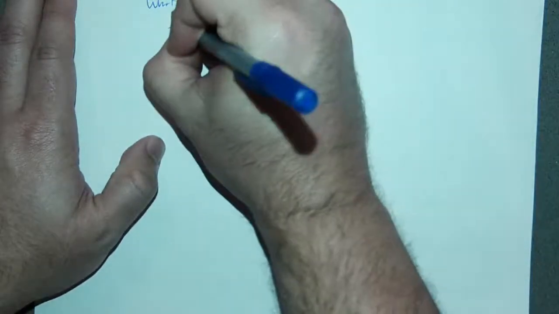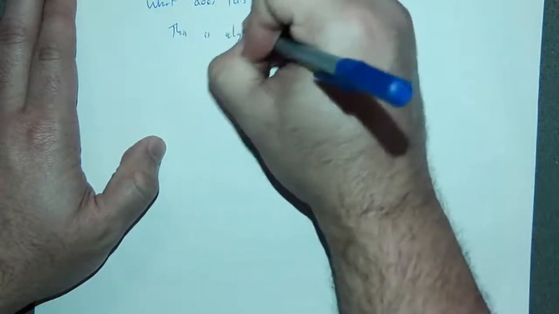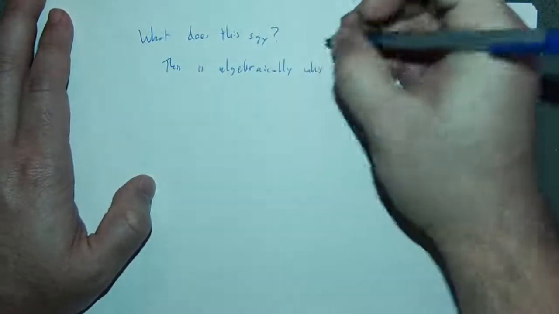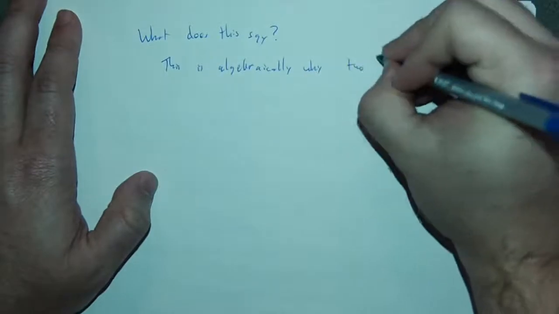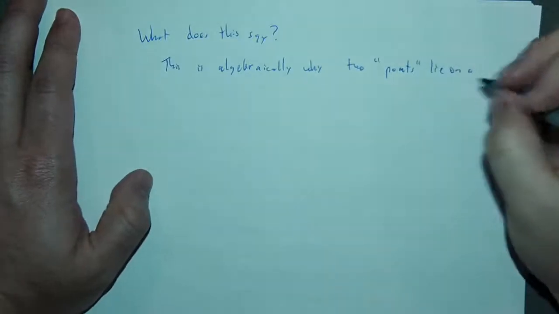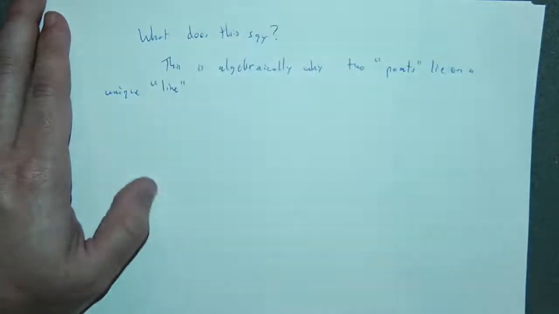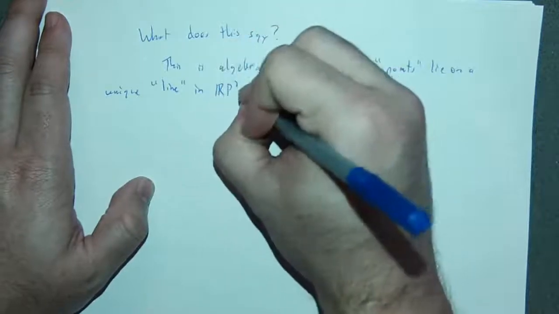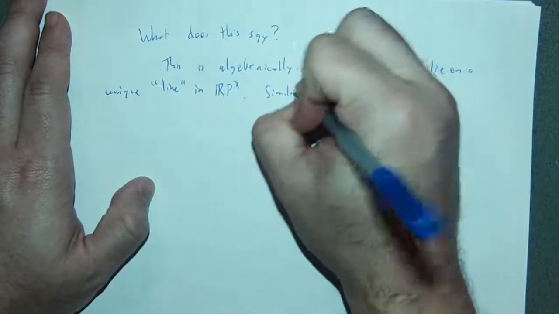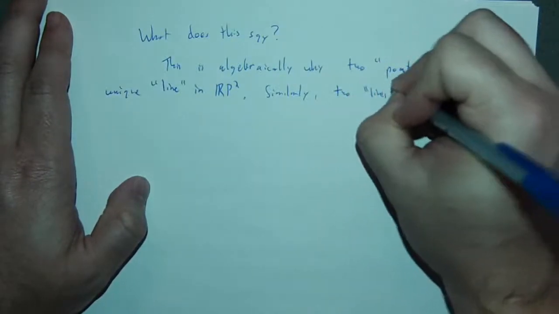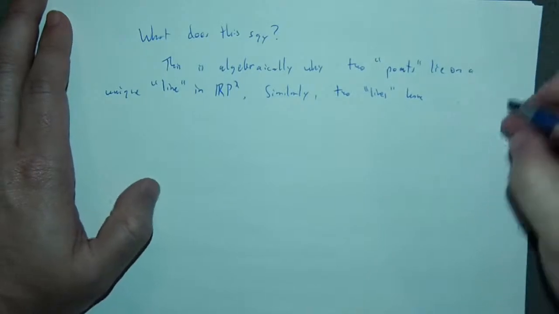Well, this is algebraically why 2 points lie on a unique line in RP2. Similarly, 2 lines have a unique point in common.